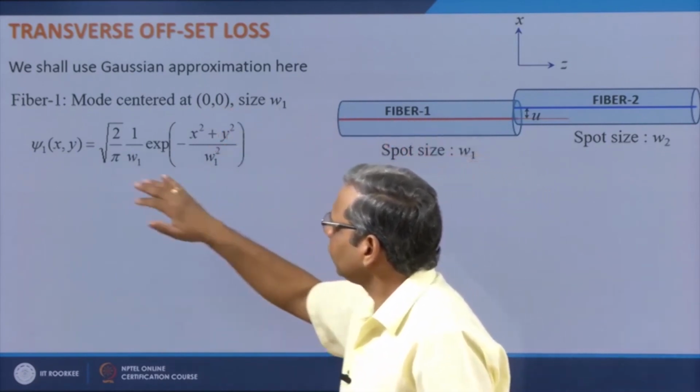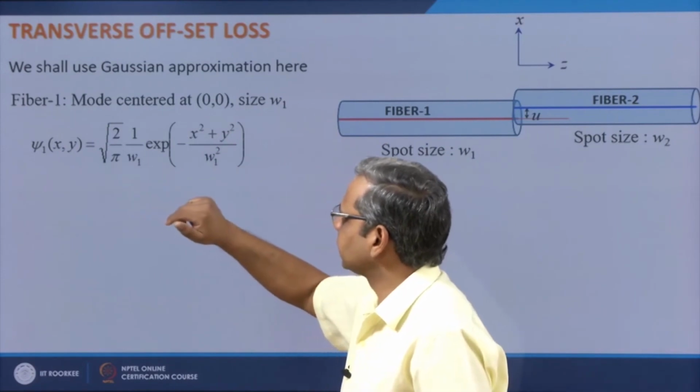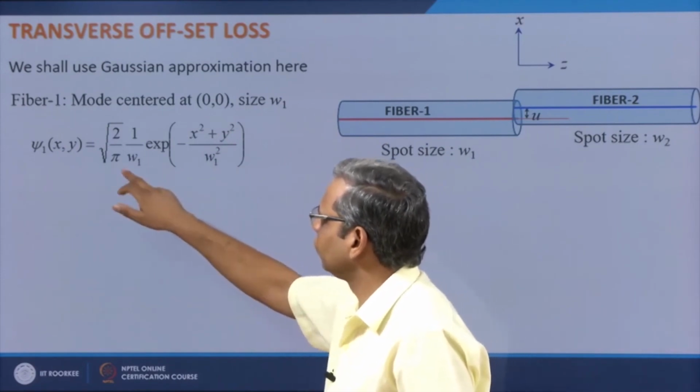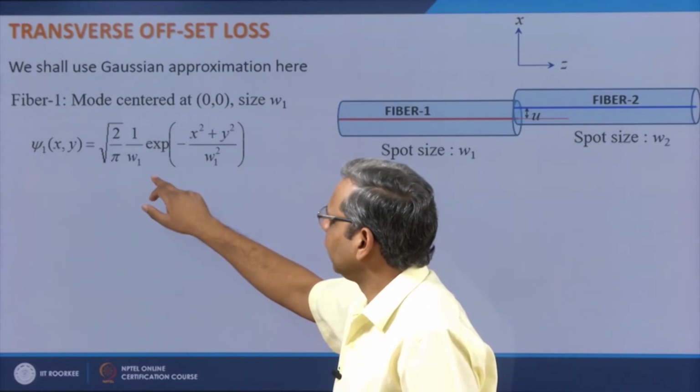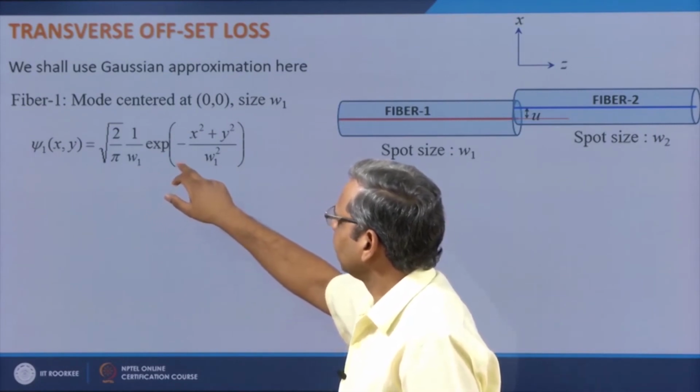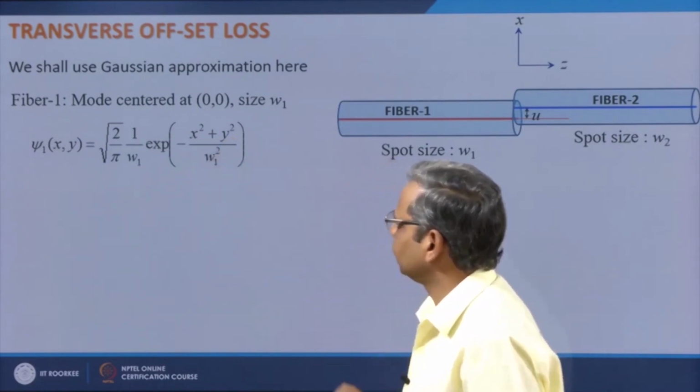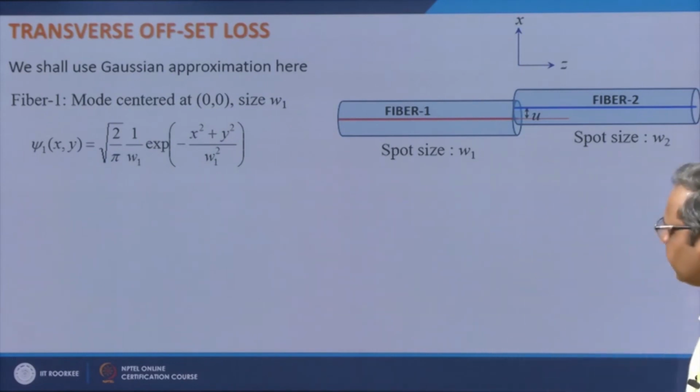So, the modal field would be given by psi 1 of x, y equals square root of 2 over pi times 1 over W1 times exponential of minus (x squared plus y squared) over W1 squared.